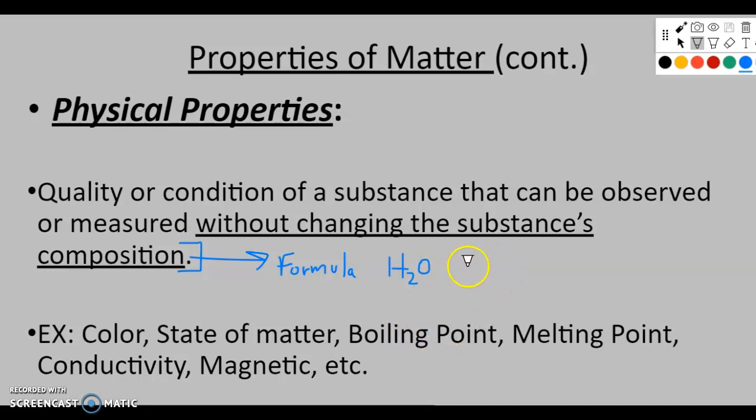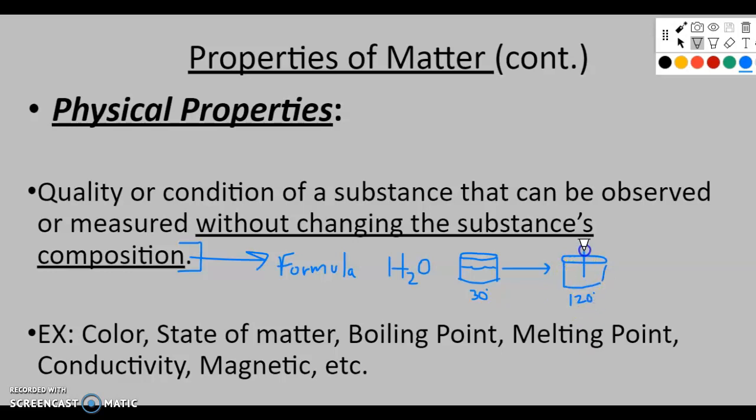If we have water in its liquid form, so let's think of water kind of in a beaker. So we have the liquid water in here, and then we heat up the water. So let's just say it's 30 degrees Celsius. And then we take that water and heat it up to 120 degrees Celsius.